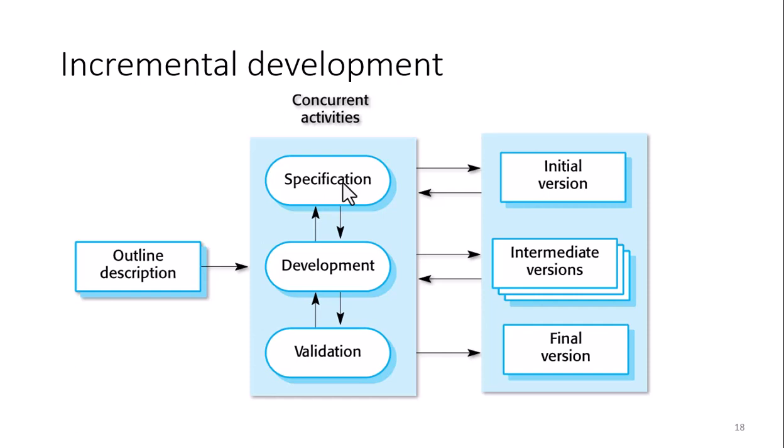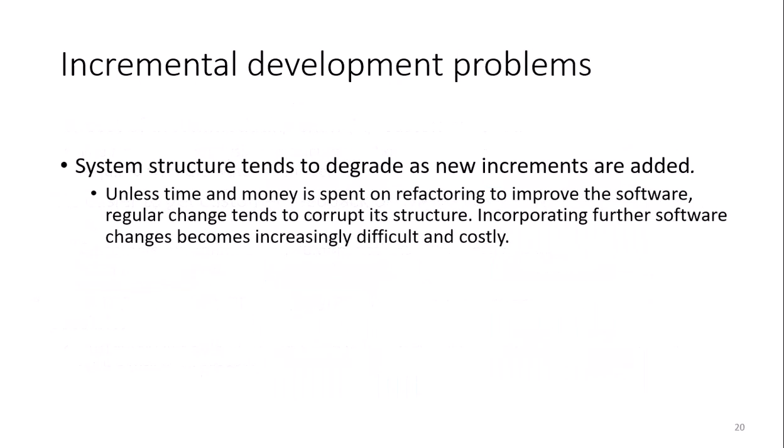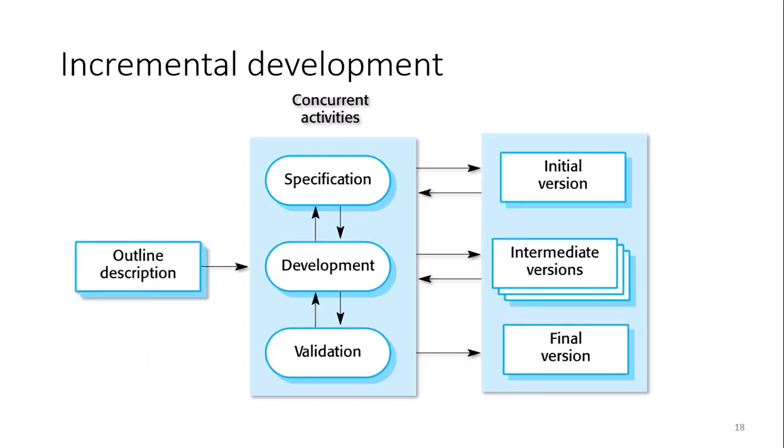So the incremental model basically focuses on delivery of the software in increments, and this should be specified earlier, before the development, during the specification phase, and this must include the stakeholder. This means we must take the opinion from the user before adopting this incremental model.